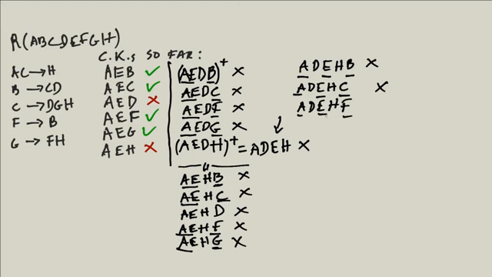So this is a superset of this one. Okay, so can't use it. Let's try ADEH with G. So it's a superset of this one, A, E, and G. Okay, cannot use it. And I cannot combine it with any other because they are already here.